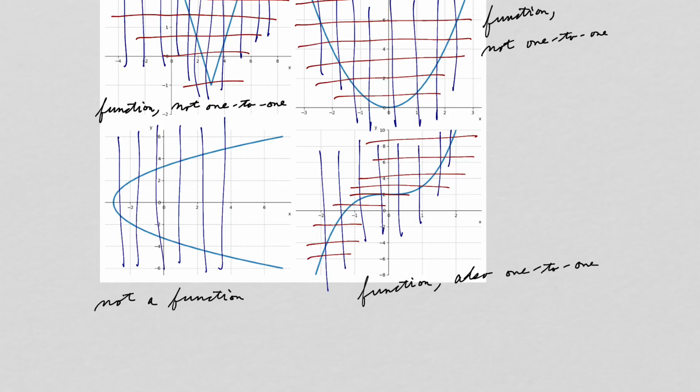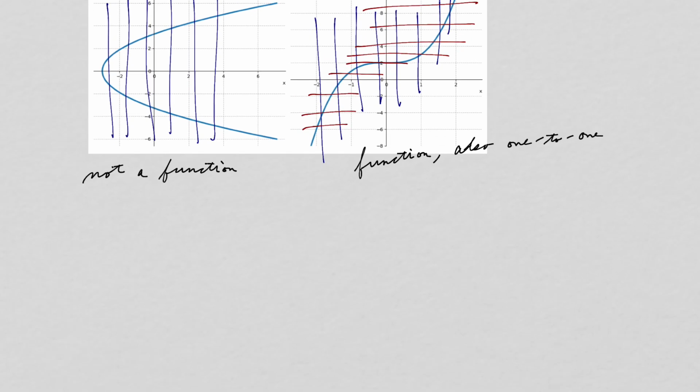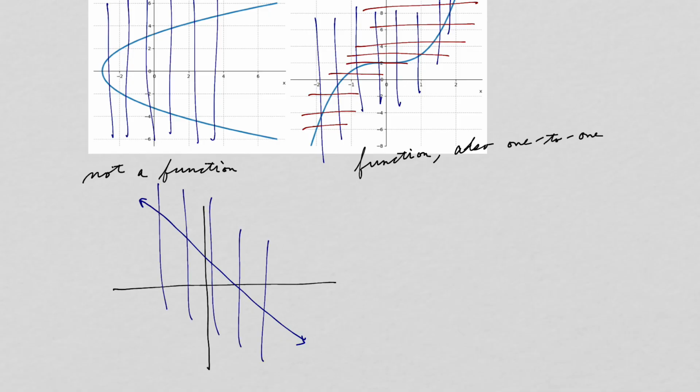Now, what about a linear function? Let's say I had something like this. So I have a line. We already know that's a function, right? It passes the vertical line test. Does it also pass the horizontal line test? Yeah.